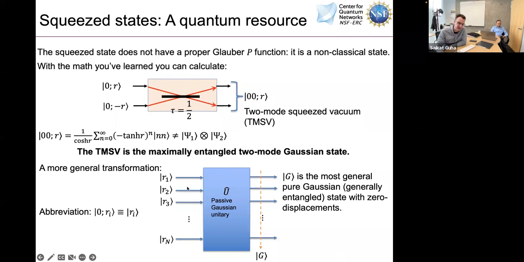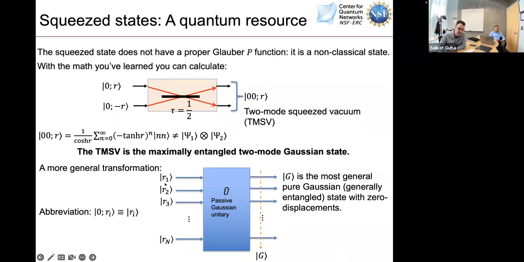That means the mean photon number I have here and the mean photon number I have here will be the same. Also, these are Gaussian states. I assume that this is a Gaussian operator. So the state I will get here is the most general pure Gaussian state with zero displacements. I haven't applied a displacement operator anywhere for simplicity.